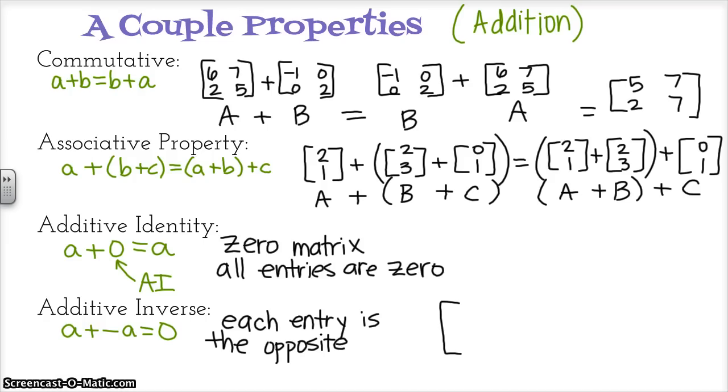So for example, if our matrix was 5, -2, -3, and 1, our additive inverse would have all of them be the opposite. Instead of 5, we would have -5. Instead of -2, we'd have 2. Instead of -3, we'd have +3. And instead of 1, we'd have -1.